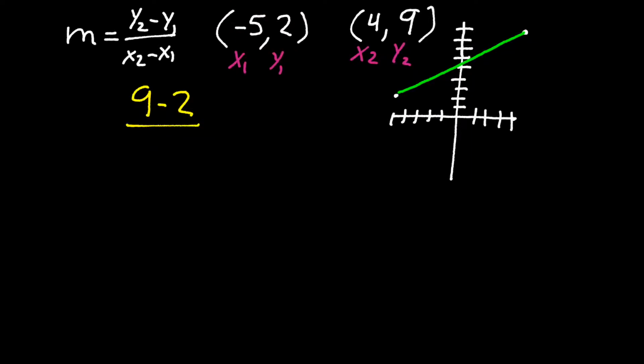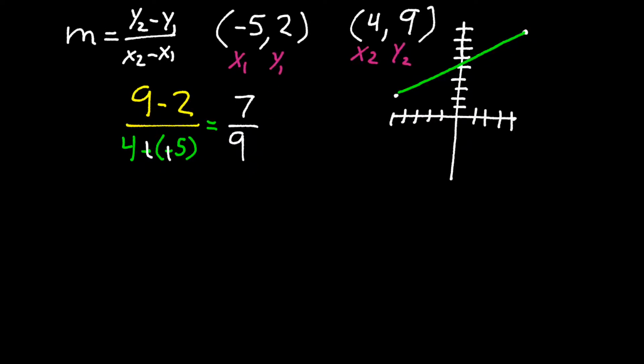So our bottom is 4 minus a negative 5. When we simplify this and work it out, we get 9 minus 2, which is 7. And we get 4 minus a negative 5, which is the same thing as 4 plus 5, which gives us 9. And this time we have a slope that is 7/9.